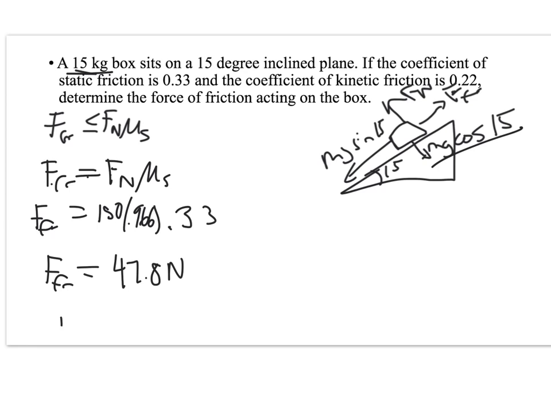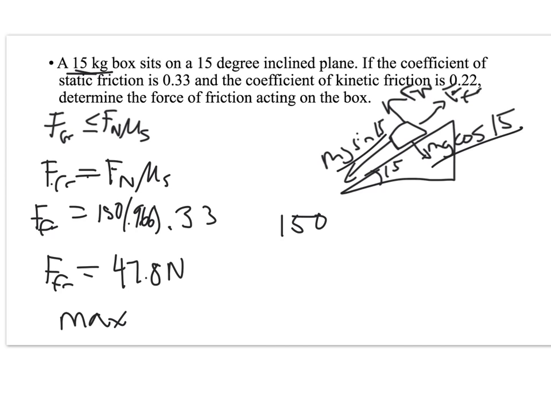So this is my maximum force of friction. If this mg sine 15 is less than that, my box is not moving. If it's greater than that, my box is moving. So from here, I'm going to take a look at what this mg sine 15 is.